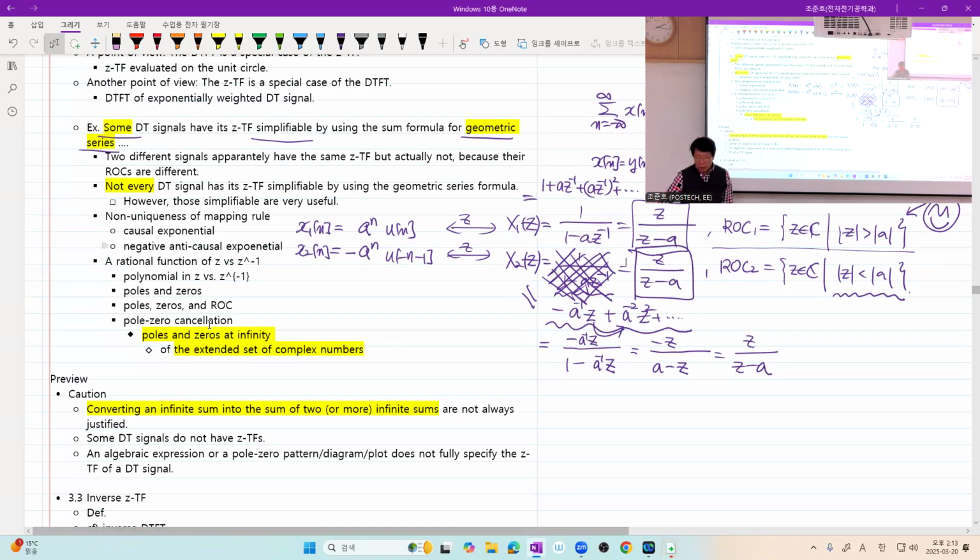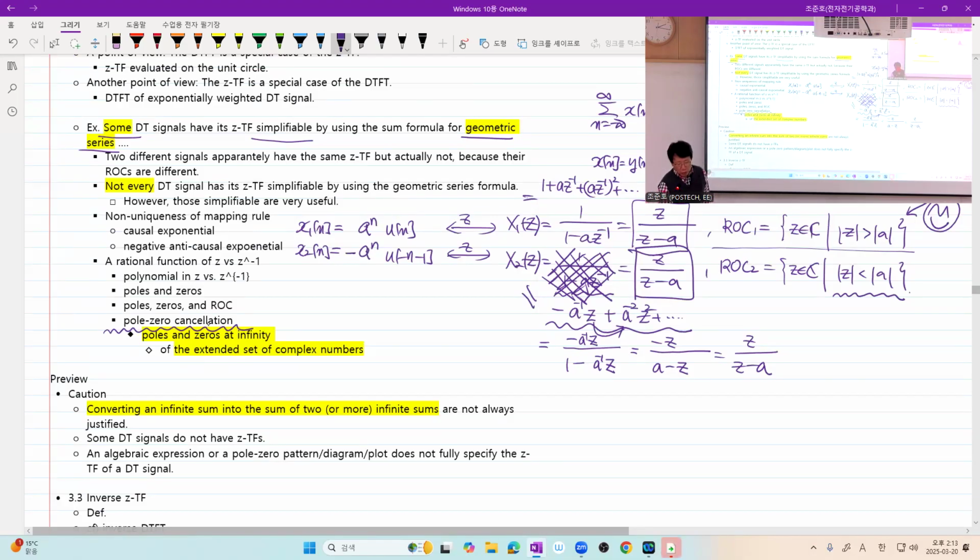By the way, there was some interesting notion of pole zero cancellation, and you may have some idea, but we will see more today. So if you still don't have quite clear understanding, then it's okay.